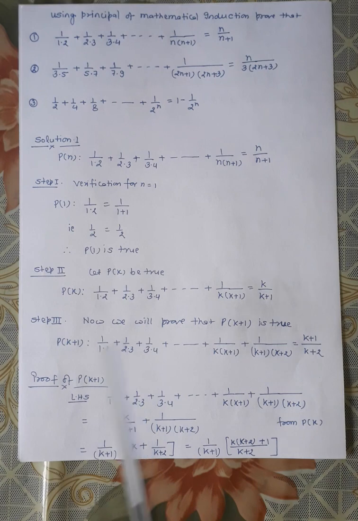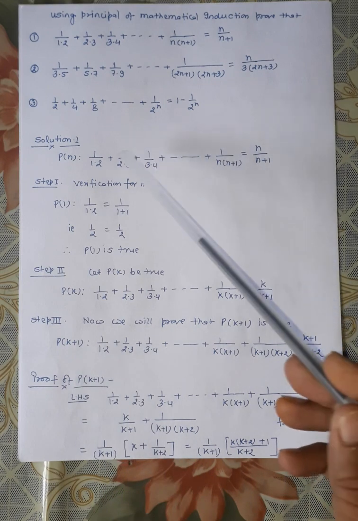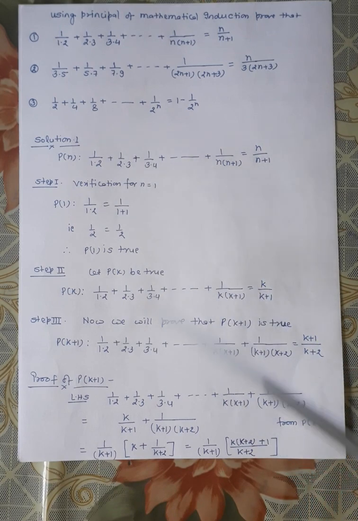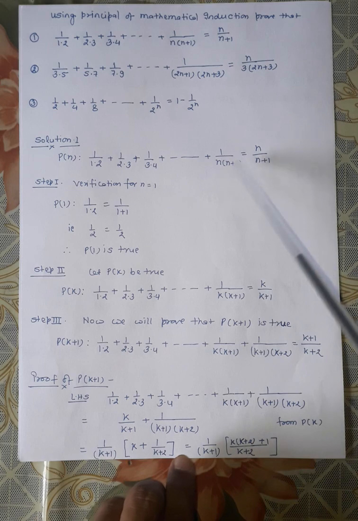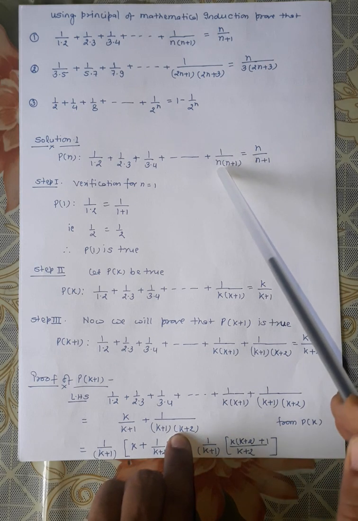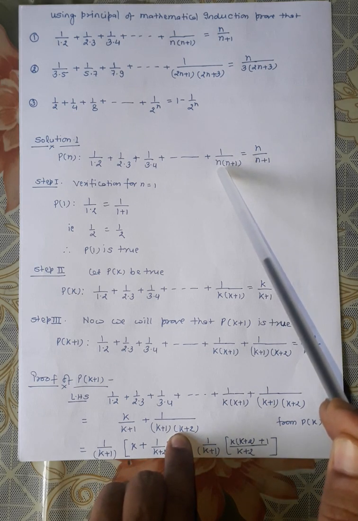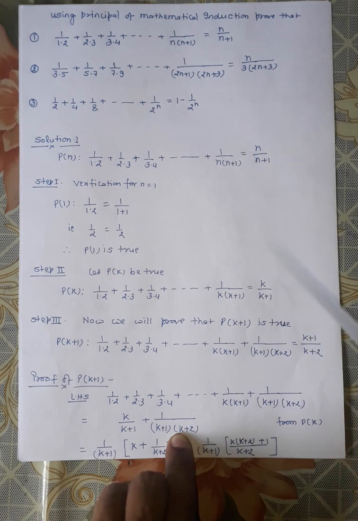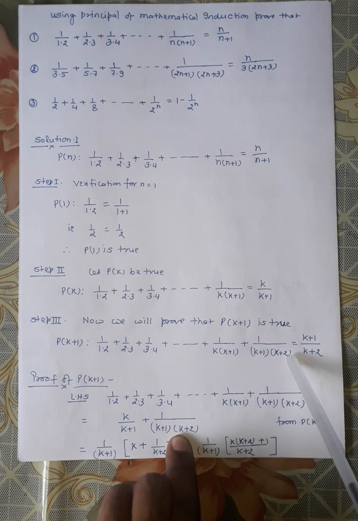This is our Pn, so in place of n you put k plus 1. So 1 upon 1 into 2, 1 upon 2 into 3, 1 upon 3 into 4 will remain as it is. And here in place of n, k plus 1, and n plus 1 is also here, so k plus 1 plus 1, which becomes k plus 2. So k plus 1, k plus 2.